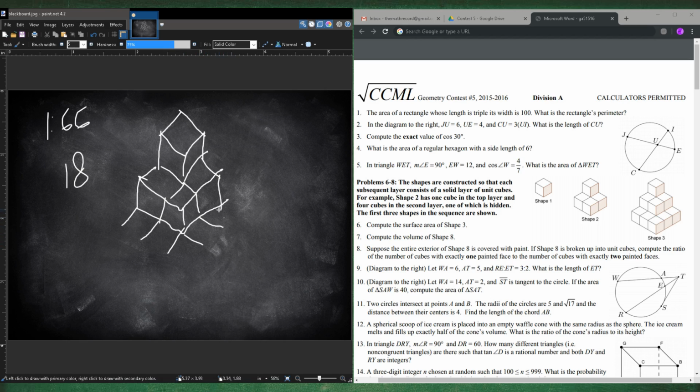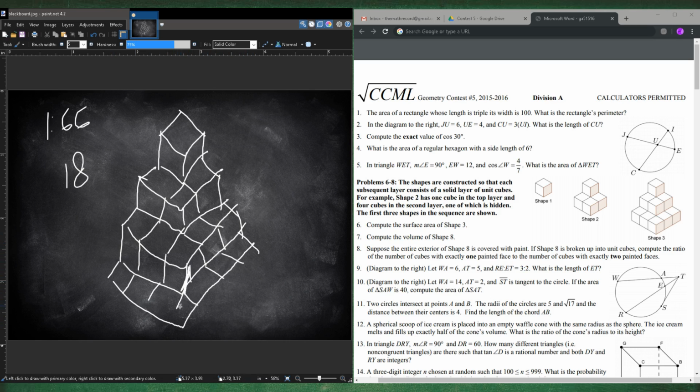And then 1, 2, 4. And basically like that. The picture kind of looks bad, but this is basically a 4x4.